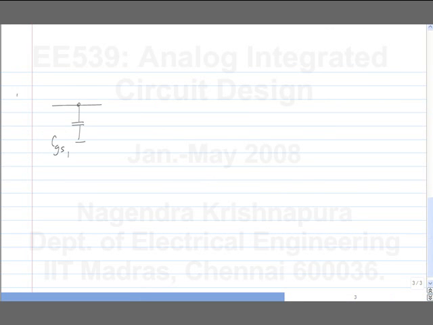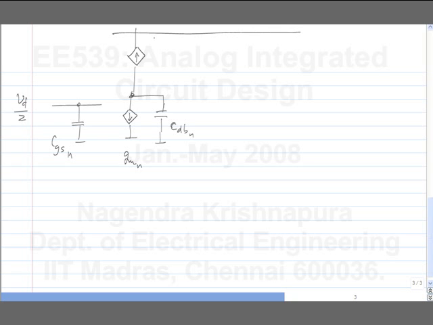In the incremental circuit, this is VD by 2. And this is, maybe I said CG as N, right? CGSN. This is the drain bulk capacitance of the NMOS, and here we have the drain bulk capacitance of the PMOS, and the gate source capacitance of the PMOS. Okay, the gate and drain are connected together.